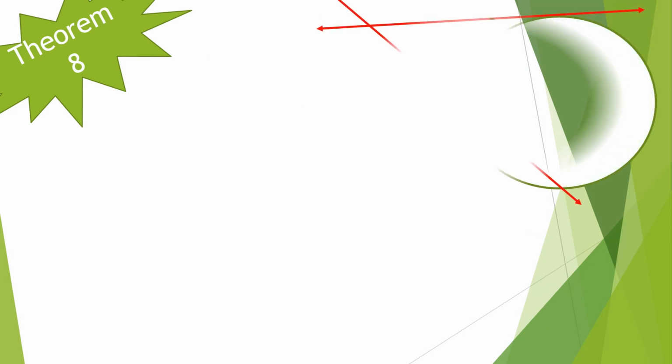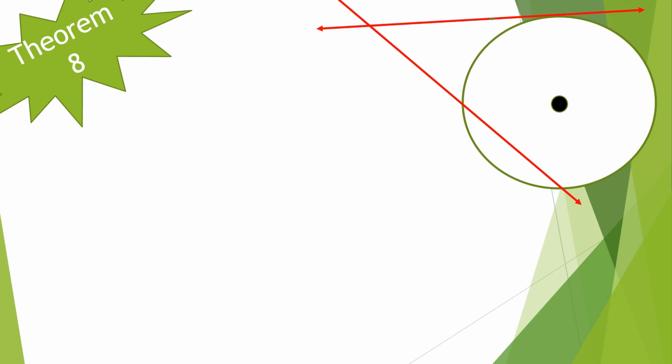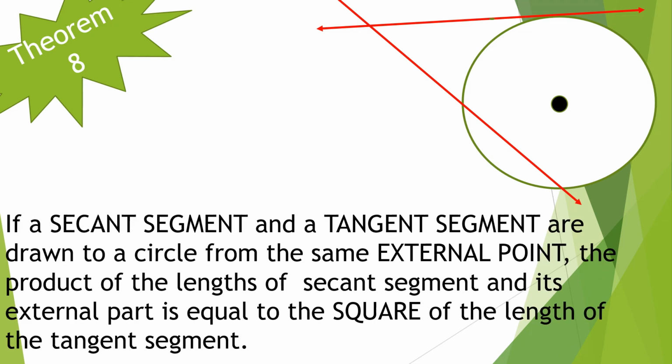Okay, let's proceed to the second to the last theorem, which is theorem number 8. In theorem number 8, we have this figure: a tangent and a secant line intersect at a point outside the circle. So how do we get the length of each segment?